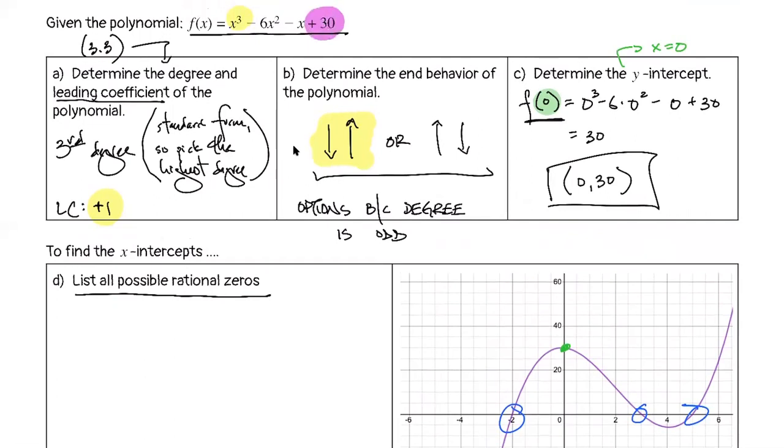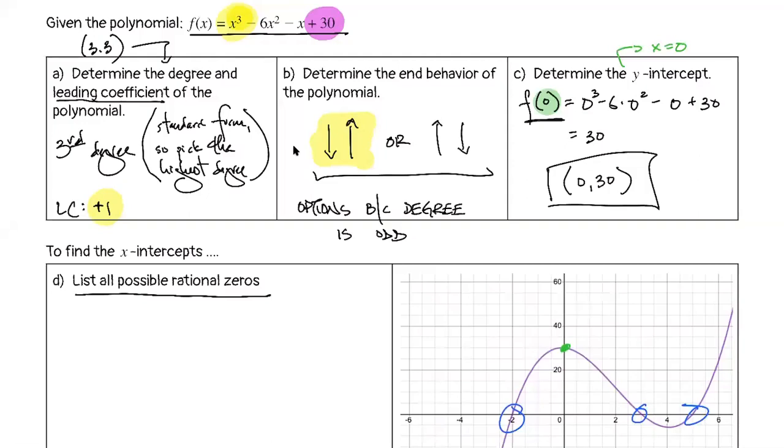So we've got 30, okay? And we're also going to take a look at our first term, which is x cubed. It turns out that we don't need to try every single number in order to see if it's a 0 or an x-intercept or not, okay?